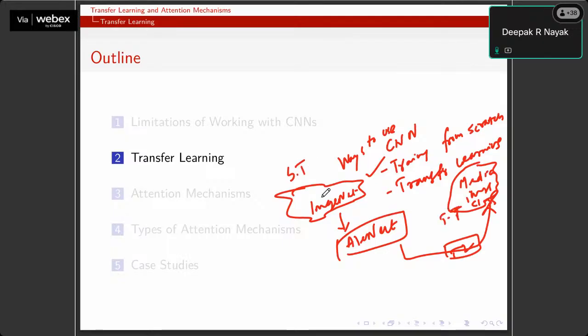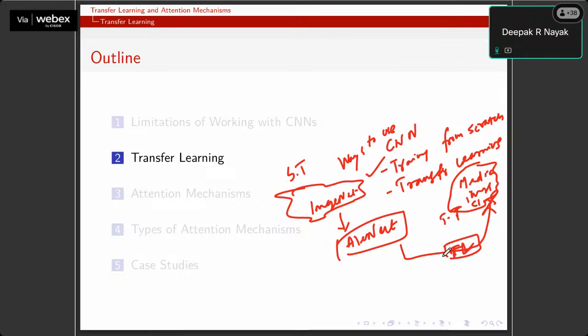There's a possibility that the source task may be similar to the target task, and a possibility that it may be different. If it is similar, what is going to happen? If it is different, what is going to happen in transfer learning? Transfer learning is again of different types, and we'll see that.